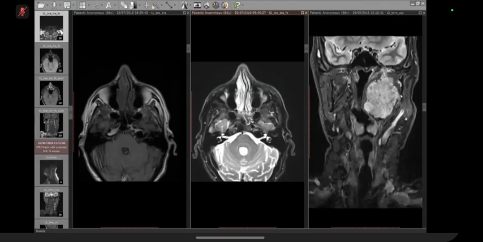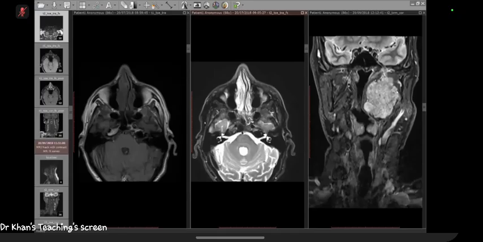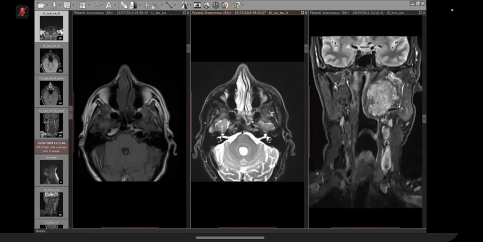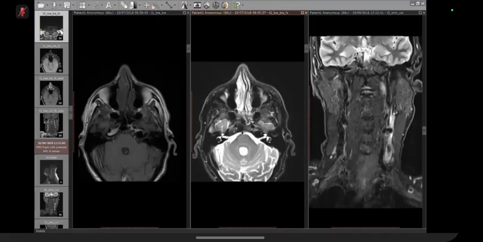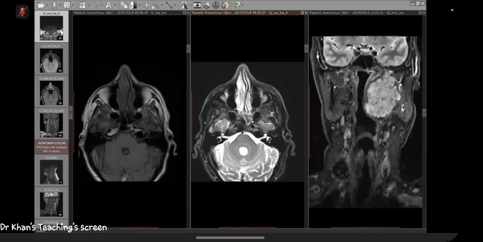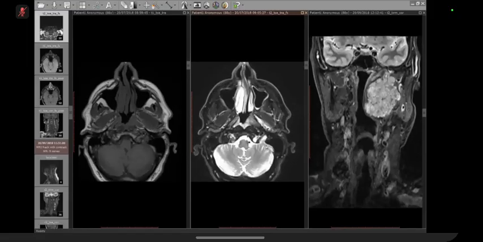It's extending all the way to the medial aspect of the ramus of the mandible, with non-visualization or poor visualization of the masticator muscles on the medial aspect of the mandible. The nasopharynx is displaced laterally, and the parapharyngeal space, as we saw earlier on the T1.